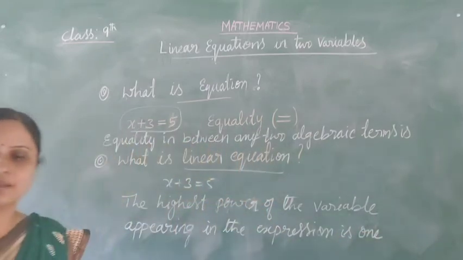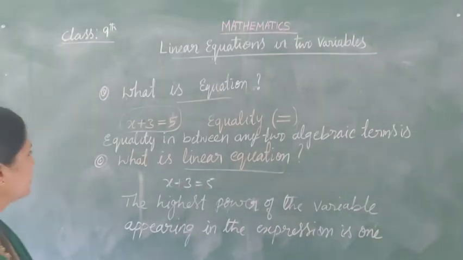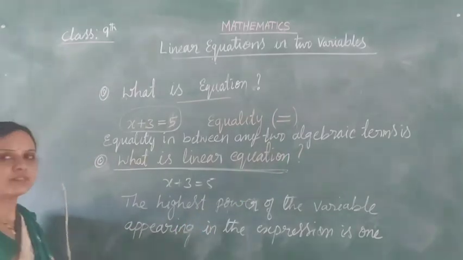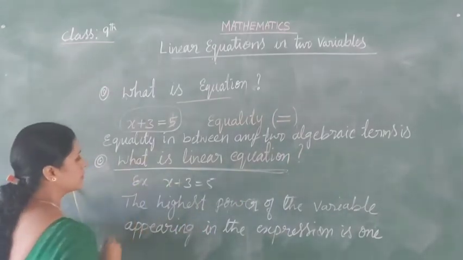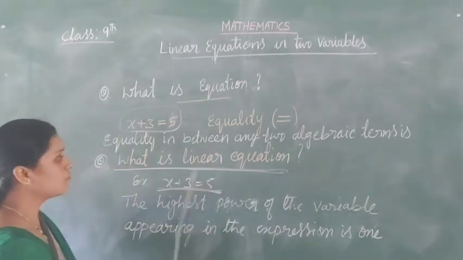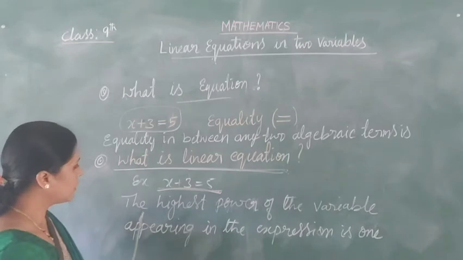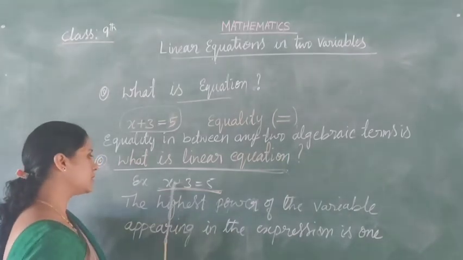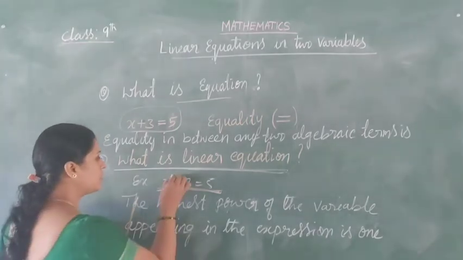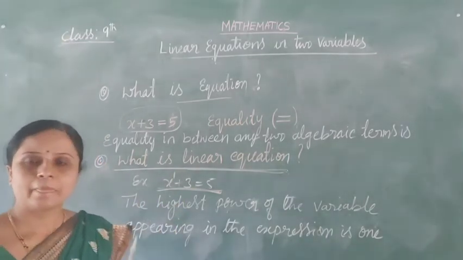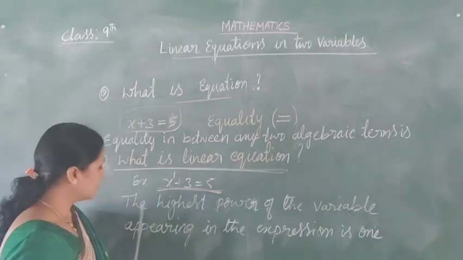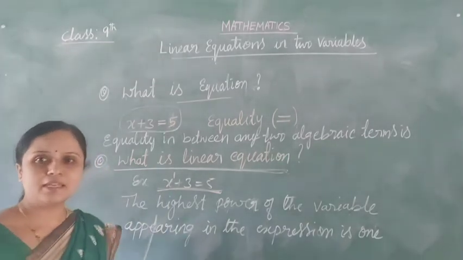You can observe the definition. So what is a linear equation? This is an example. The definition of a linear equation is that the highest power of the variable is 1. You see this one, it is only one variable. The power of this variable is 1. The highest power of the variable is 1. That type of equations are called linear equations.